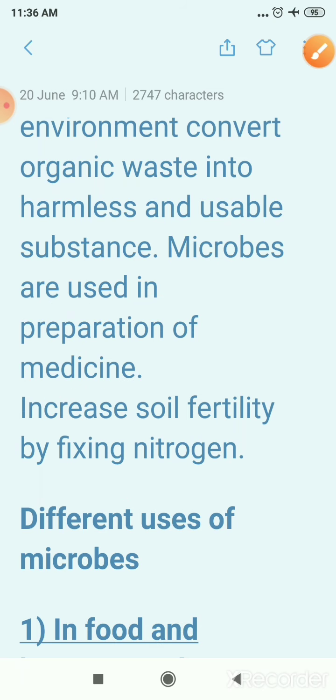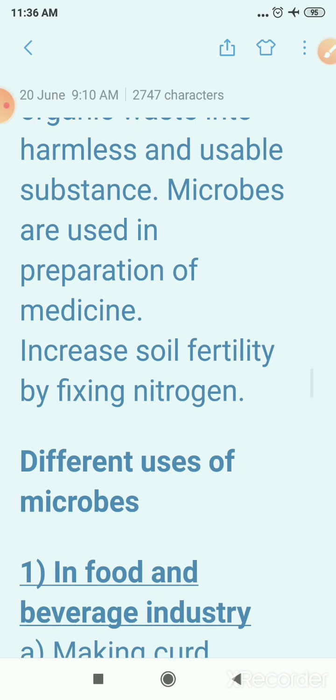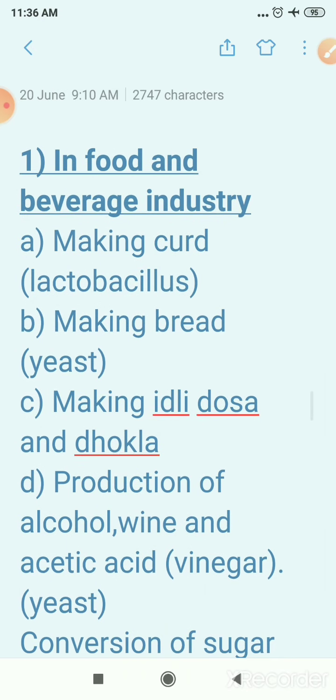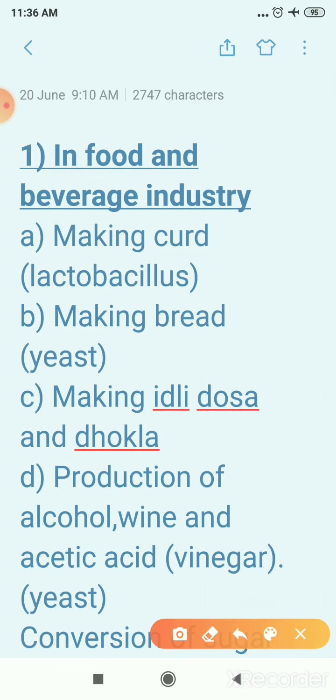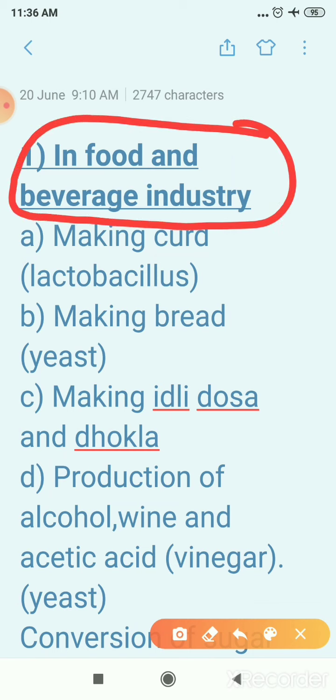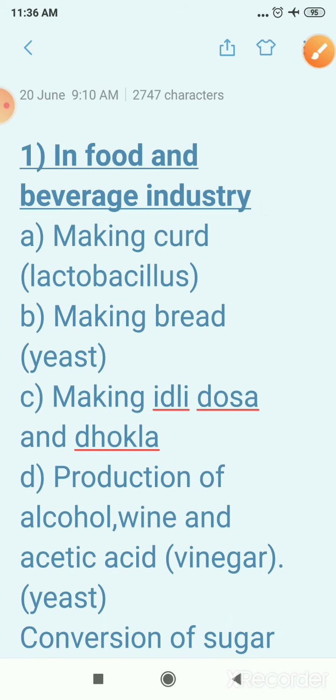What are the different uses of microbes? First, in food, we have categorized them in the food and beverages industry. How are microbes used in food and beverage industries? Making curd.